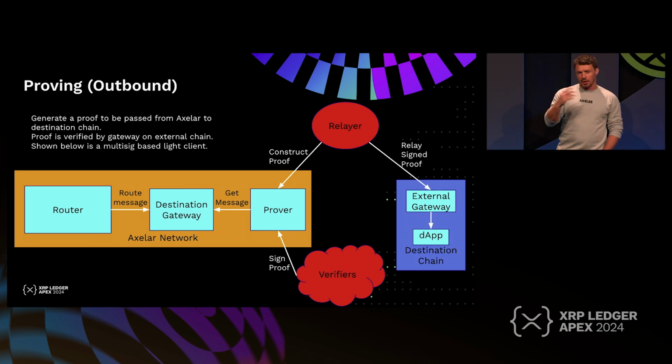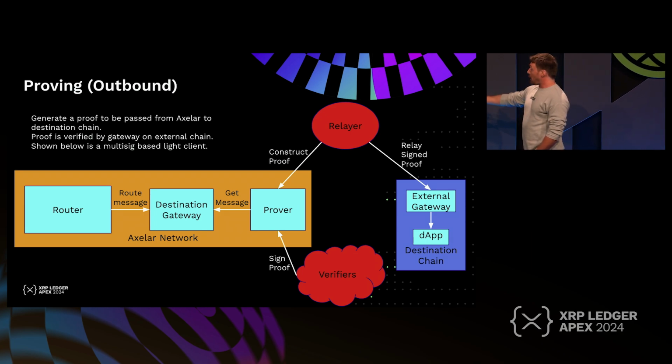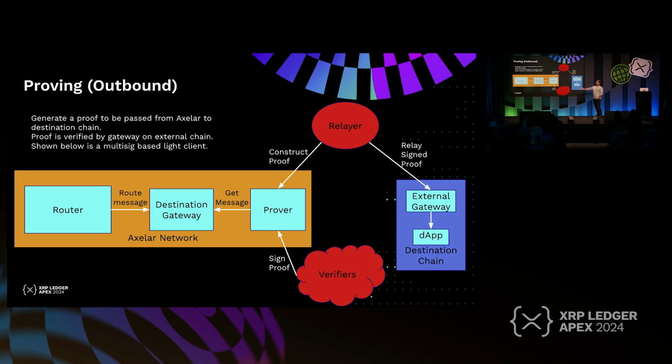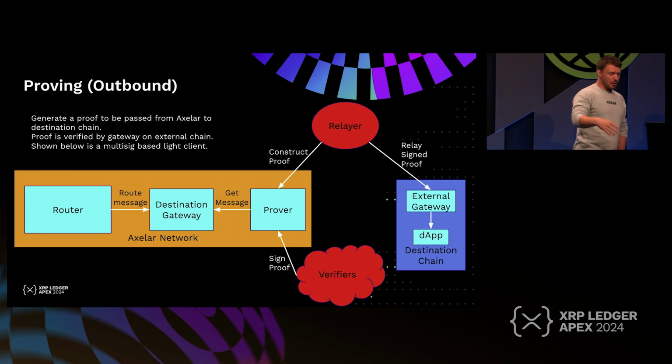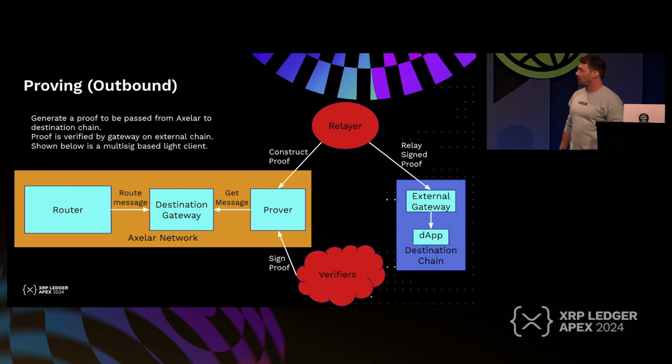They put the messages in a batch, and then they have the verifiers that are off-chain. These are the same verifiers. They sign the proof. And then that signed proof can be passed to the external gateway, and the external gateway knows who the verifier should be, and then it says, okay, these messages can be executed.